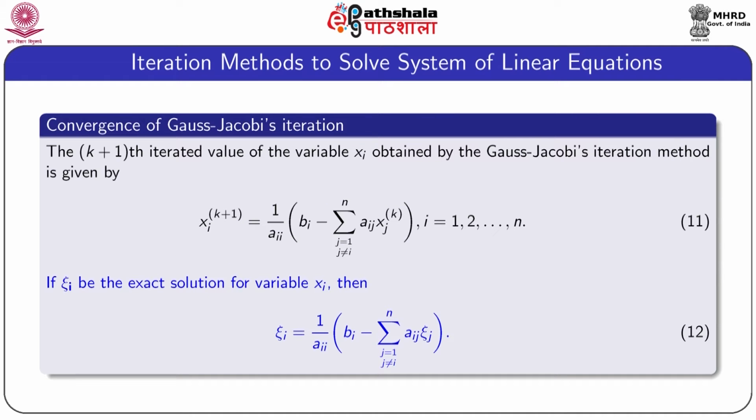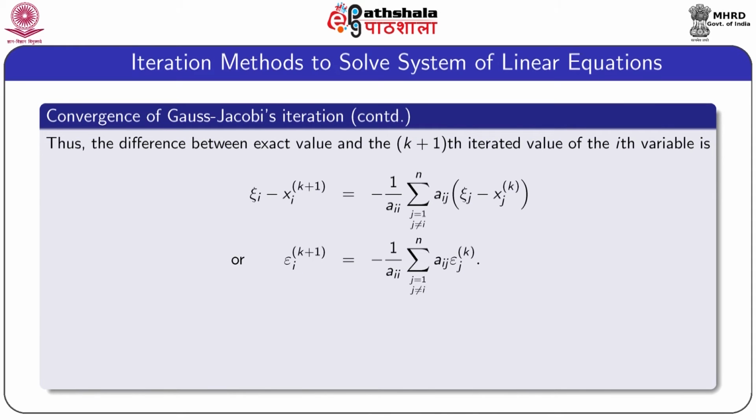If xi be the exact solution for the variable xi, then from equation 11 we can write xi equal to 1 by aii into bi minus summation j equal to 1 to n, j not equal to i, aij xj. That means in 11 we replace xj^k and xi^(k+1) by xj and xi.